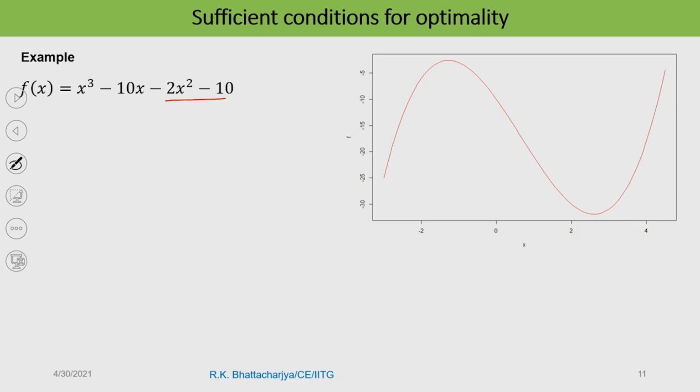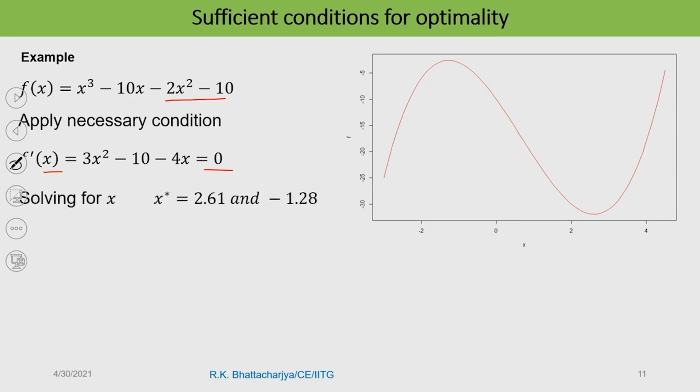For this function, first I will apply the necessary condition, which is that the first derivative is 0. So, the first derivative is 3 x square minus 10 minus 4 x equal to 0, and if I solve this equation, I get x star as 2.61 and minus 1.28.